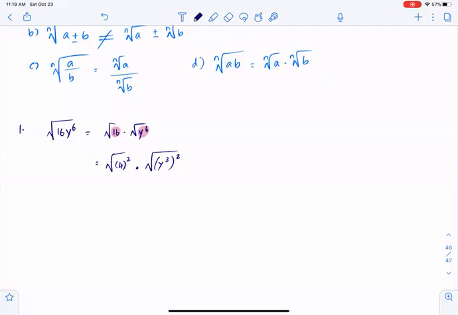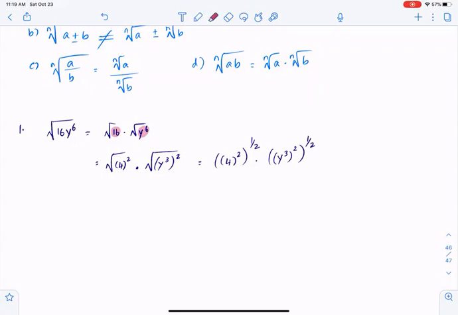And I'll show you the formal way, and then there's this informal approach that I explained. It's easier to understand. So the formal way would be to have 4 squared raised 1/2 multiplied by y cubed squared raised 1/2.